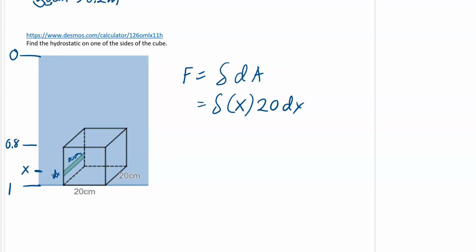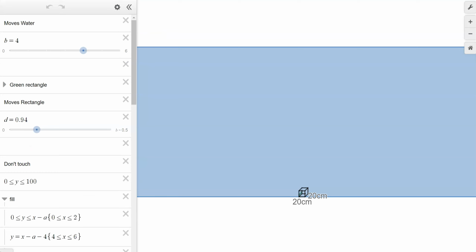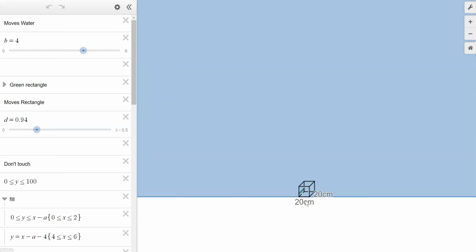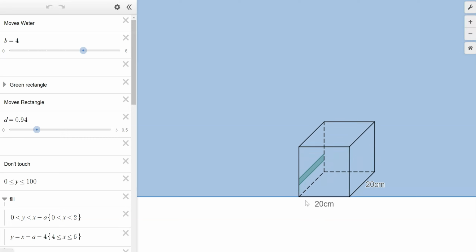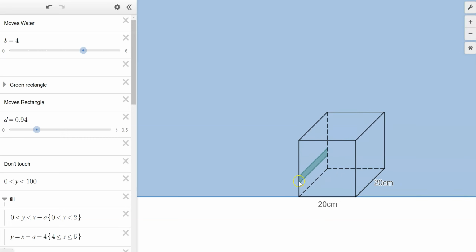Now our integral, where are we going to go from? Let's look at our Desmos. Here's our cube. See how little it was? Let's zoom in to our cube right there. This is just that one that we did. Now we're going to move that rectangle up and down with an integral.